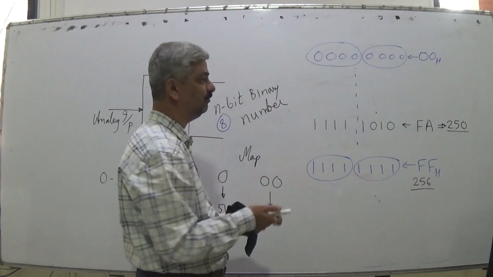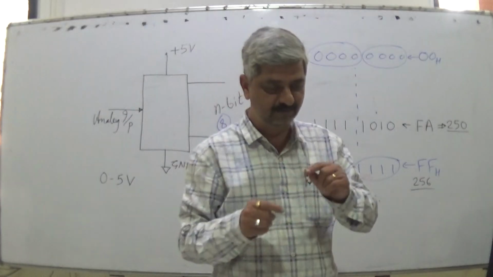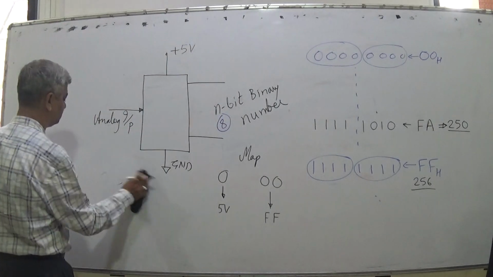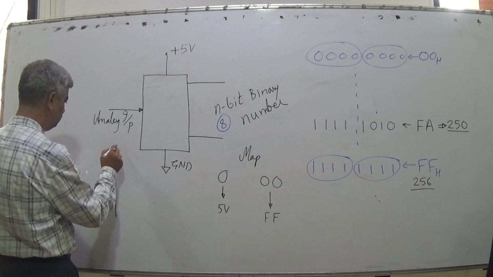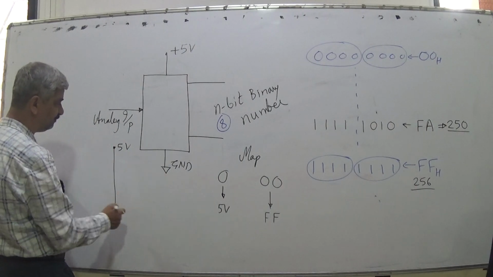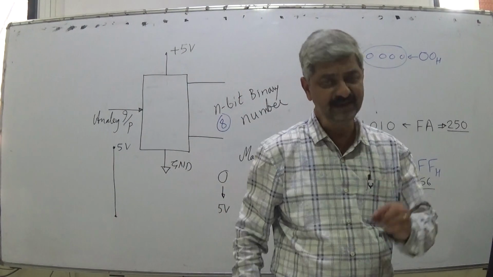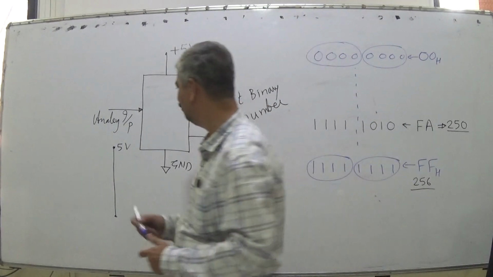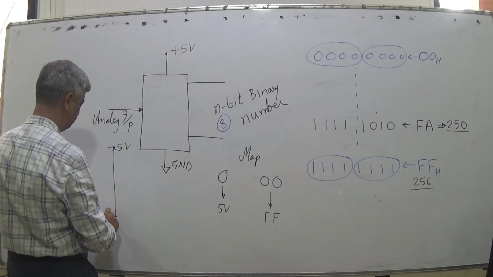So what is an analog to digital converter? When the voltage is analog, it takes all values. Suppose we map it on a linear scale, with this as 0 and this as 5 volts, then the actual voltage can take any value. It takes continuous values. Whereas when we convert to digital, we divide this 5 volts into 250 steps.